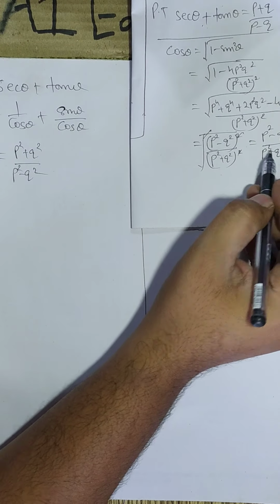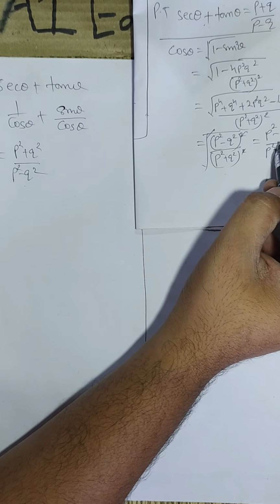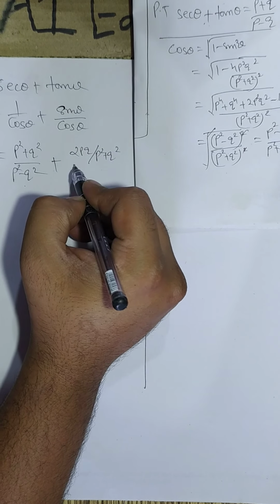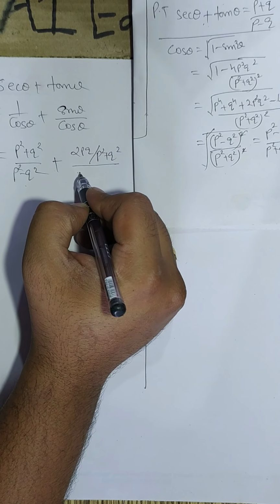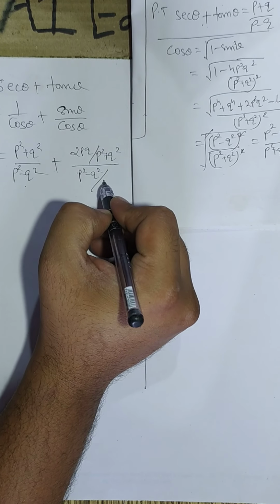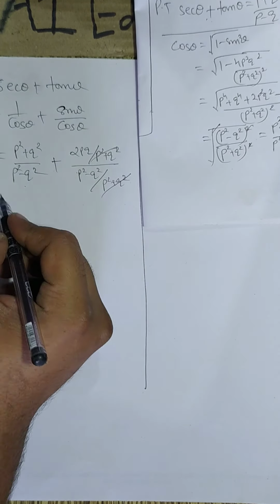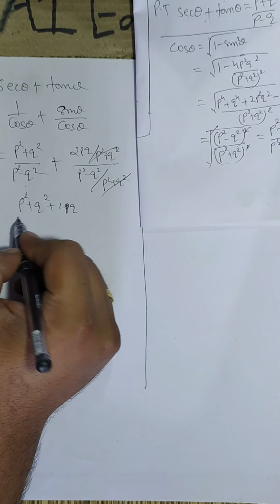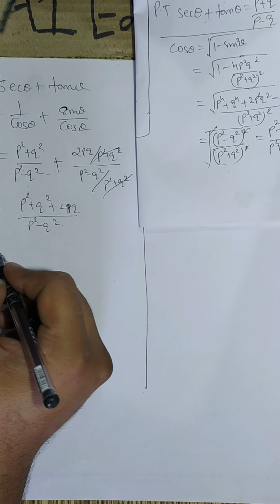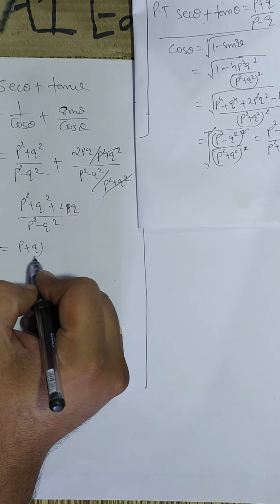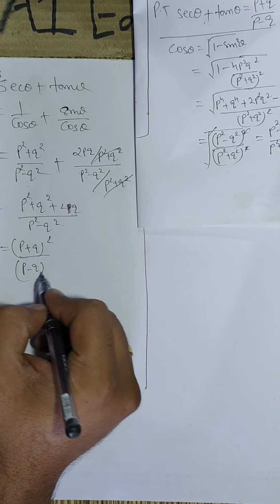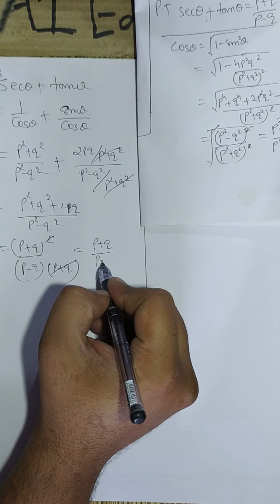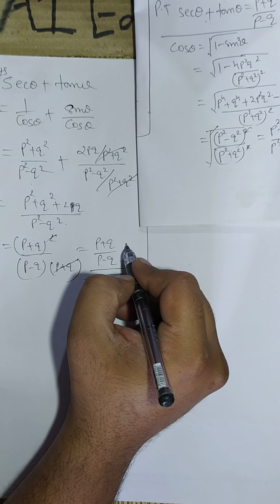Please be careful, this is cos theta and we are substituting 1 upon cos theta, so reciprocal. And the value of sin theta is 2pq upon p square plus q square, divided by the value of cos theta, p square minus q square upon p square plus q square. These denominators get cancelled. Simplifying further, it is plus 2pq upon p square minus q square. So this will be p plus q whole square. Denominator can be written as p minus q into p plus q. Simplifying, we get our required right hand side.